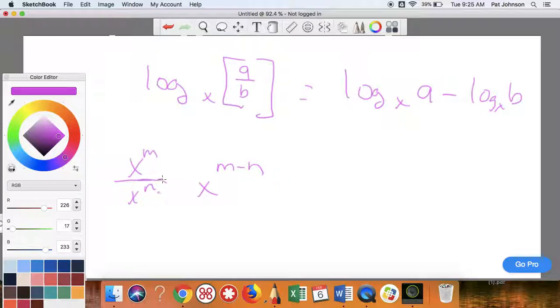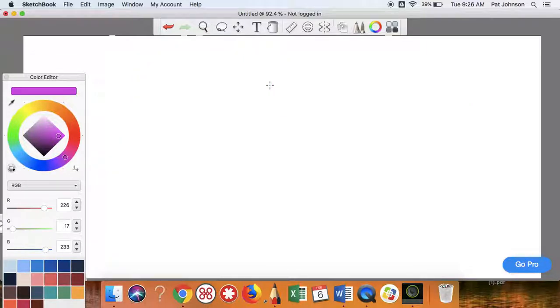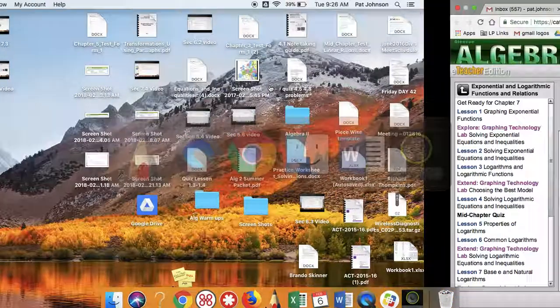It had to be the quotient of 2 exponentials, and then you took the powers and found the difference, m minus n. Order matters. Same thing here. You have the quotient of the argument, a over b, and then it's a minus b, the same order, because order matters.